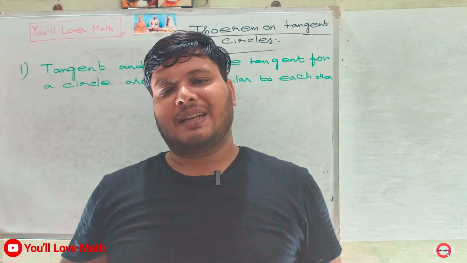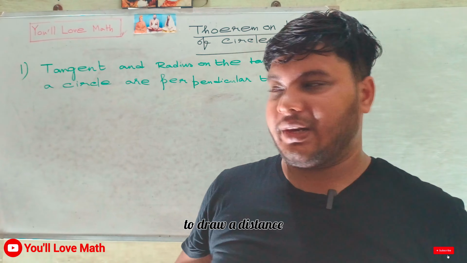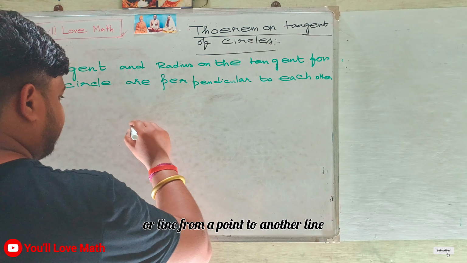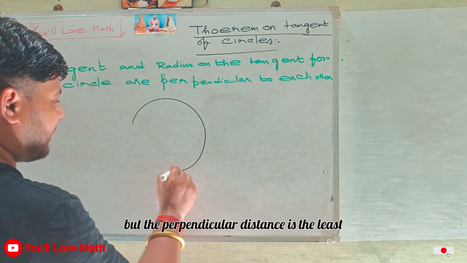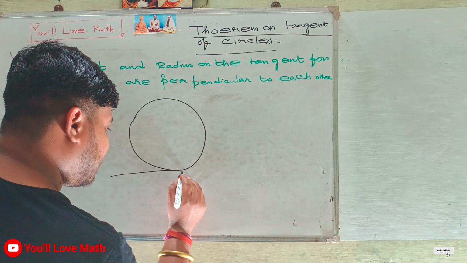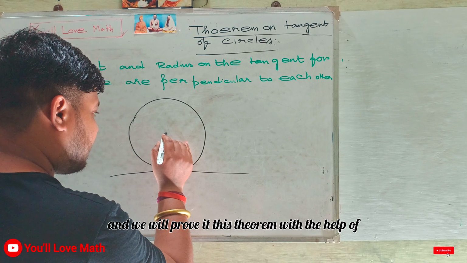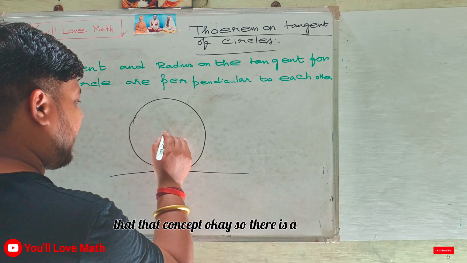There are multiple options to draw a line from a point to another line, but the perpendicular distance is the least. So we will use this theorem and prove it with the help of that concept.